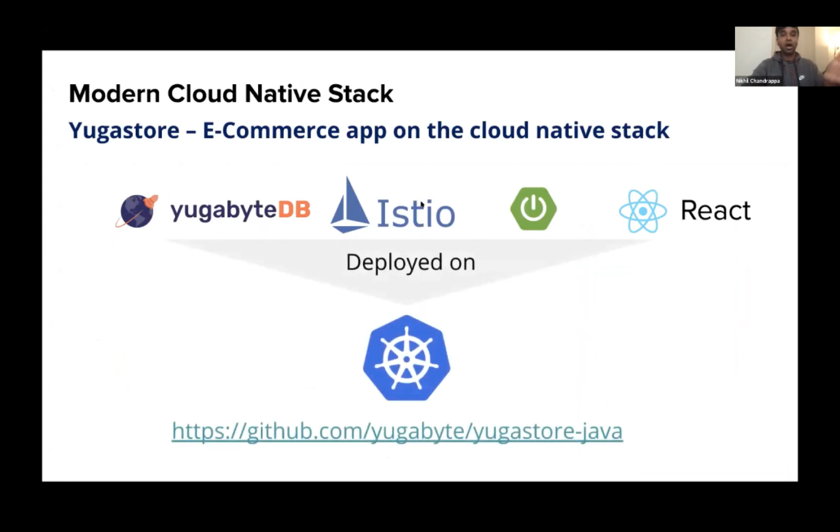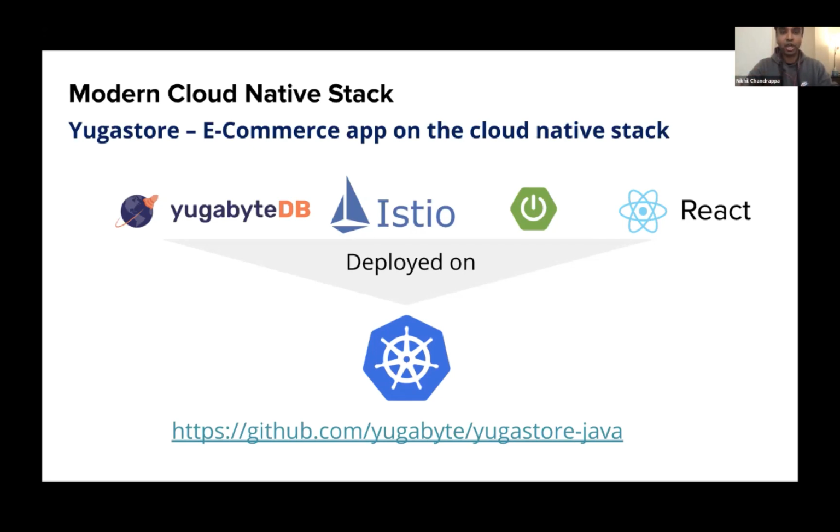To quickly talk about what cloud native stack we are using: the microservices themselves are developed using Spring and Spring Cloud. The UI piece that you just saw is based on React and React Native. The entire app is a swarm of microservices that we have implemented and deployed on Kubernetes, and within Kubernetes we have Istio doing the traffic management for all these microservices.